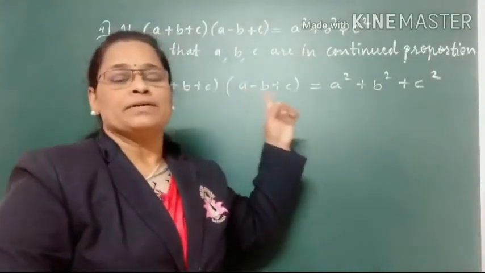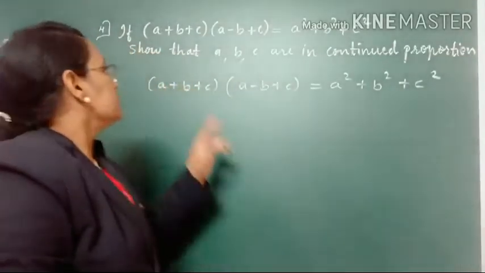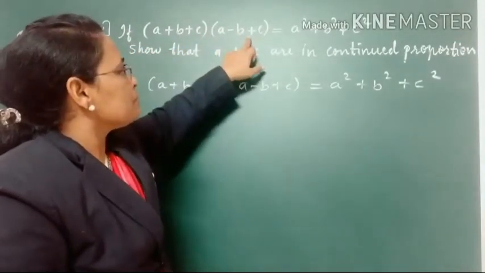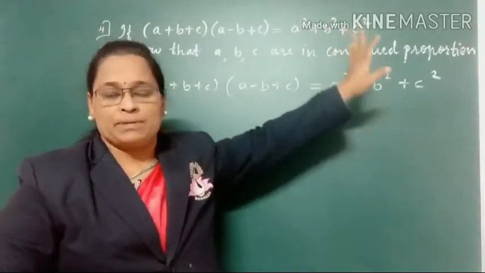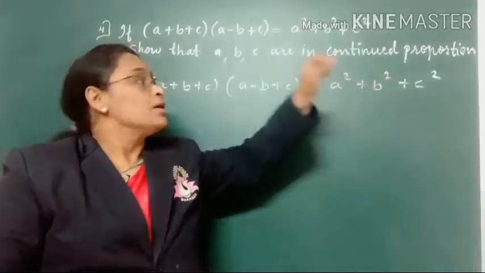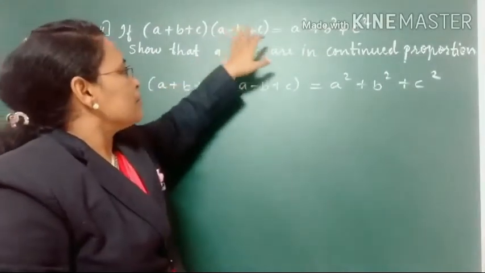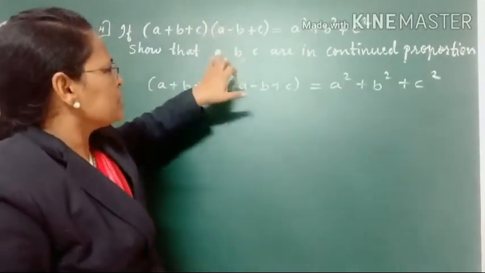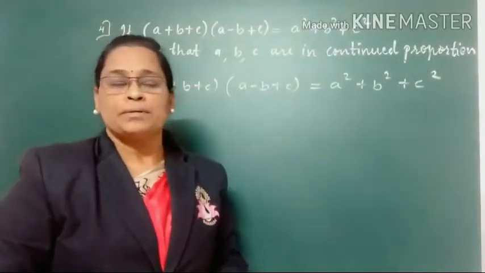This is a different kind of problem given here, that is A plus B plus C into A minus B plus C is equal to A square plus B square plus C square. This is given, and you are asked to show that the numbers A, B, C are in continued proportion.